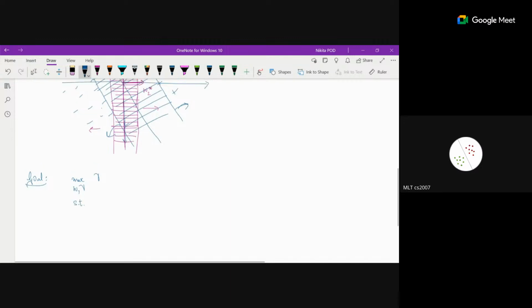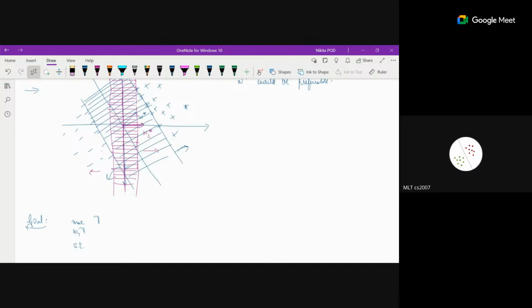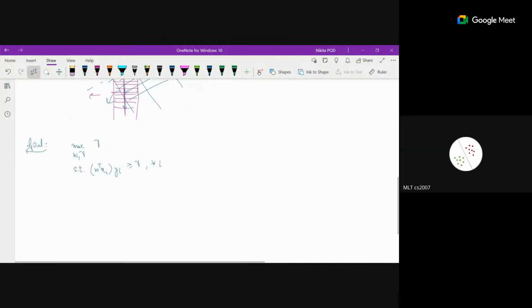Any guesses for the constraint here? W transpose Xi Yi should be greater than or equal to gamma. So W transpose Xi Yi should be greater than or equal to gamma for all i. So this is the problem that we want to solve now.